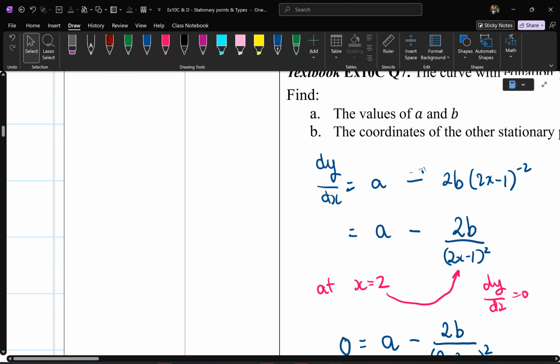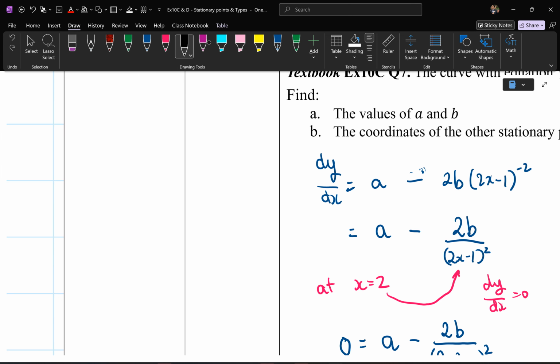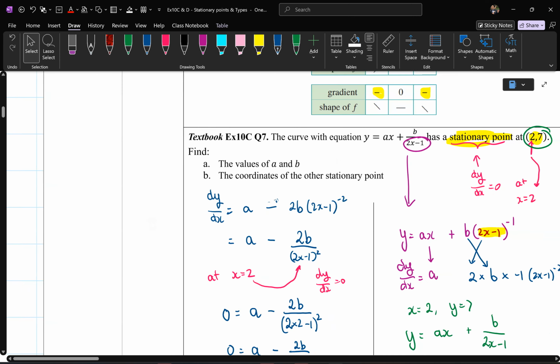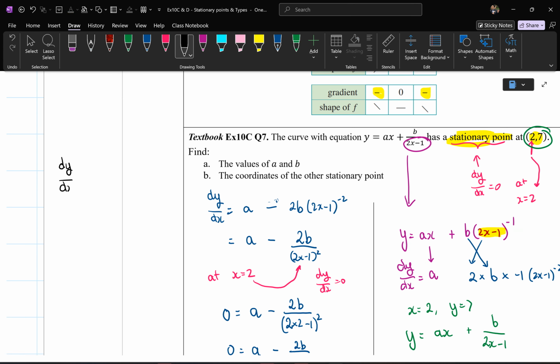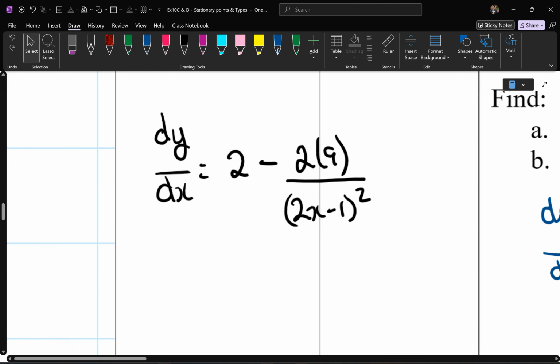So we now know A and B. A is 2. So the derivative dy/dx is equal to 2 minus 2 times 9 over 2x minus 1 squared. Is that right?